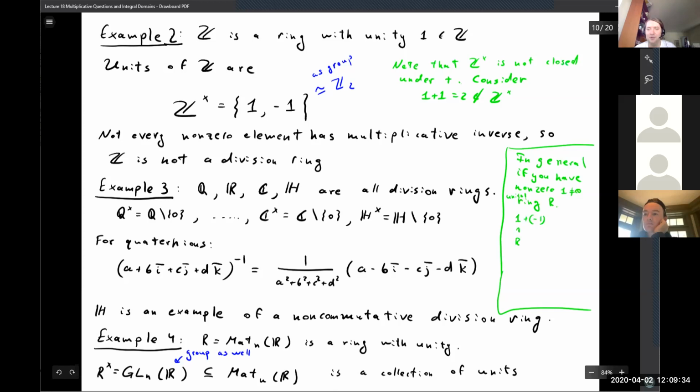So 1 obviously belongs to the multiplicative group. -1 also belongs to the multiplicative group because it must be its own inverse. And the sum, 0, is not in R cross. In other words, you cannot make the set of units even closed with respect to the binary operation plus.